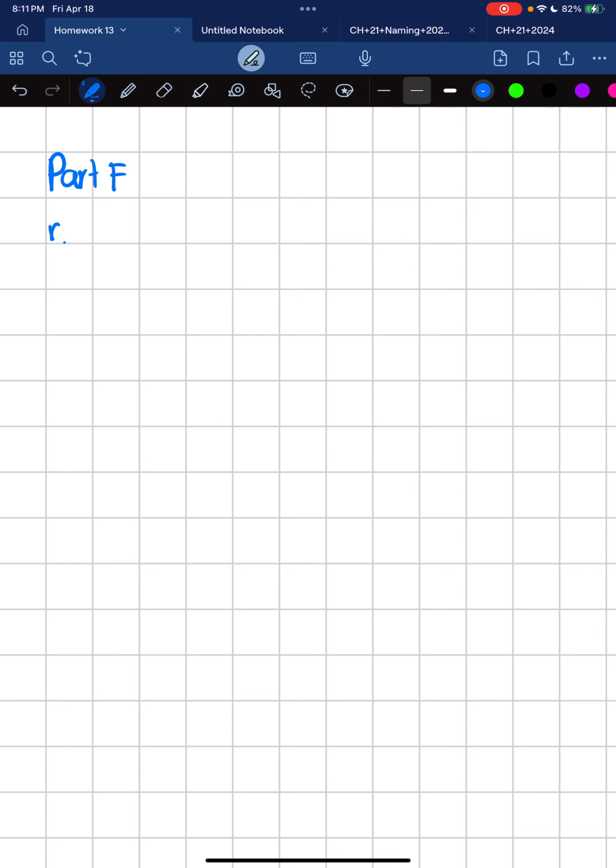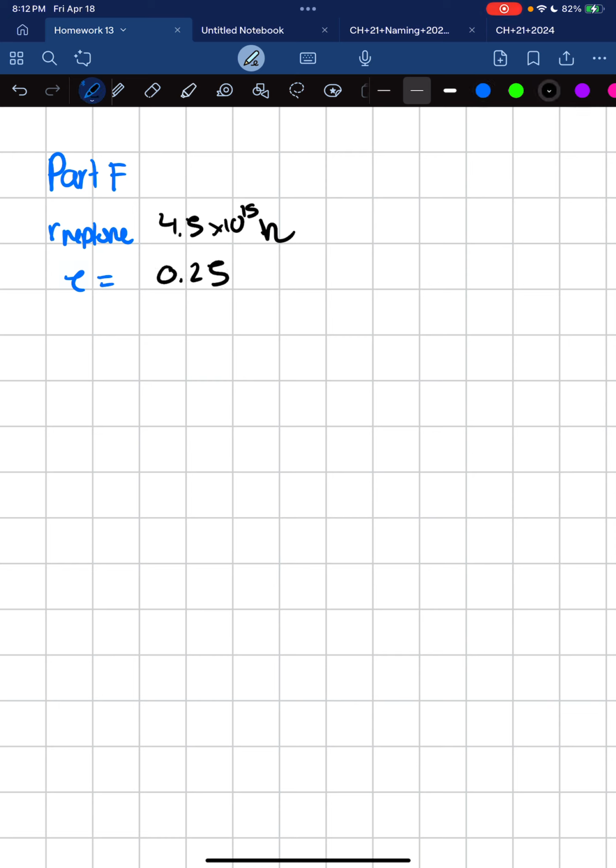Let me put it down. Radius of Neptune is going to be 1.5 times 10 to the 15. Then we have the eccentricity as well, which is 0.25. And now let's try to find a formula to find the semi-major axis for this.